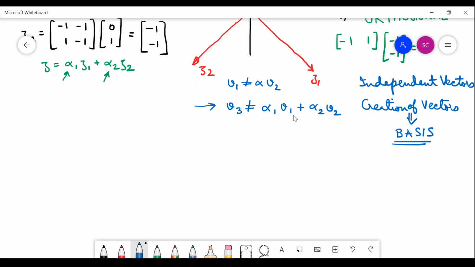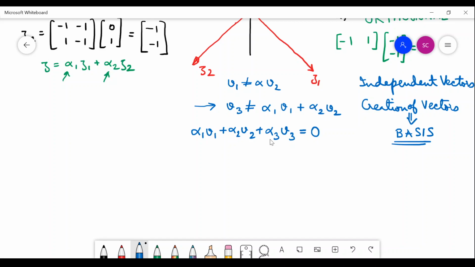We can rewrite this in a general manner like this: alpha 1 v1 plus alpha 2 v2 plus alpha 3 v3 equals 0 should not be satisfied by any non-zero alpha 1, alpha 2, alpha 3.